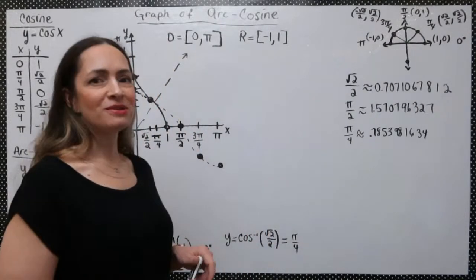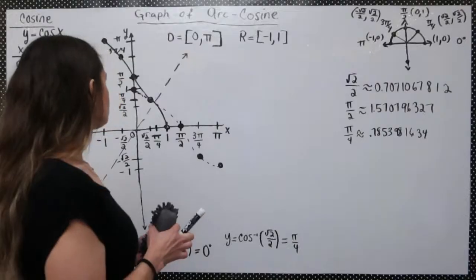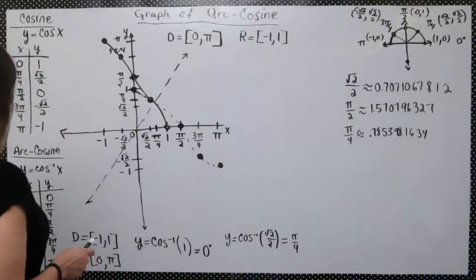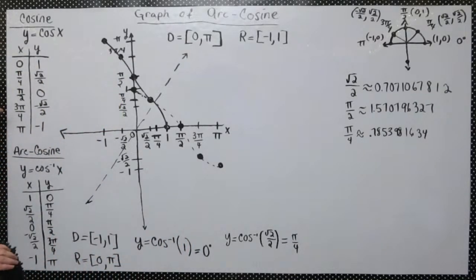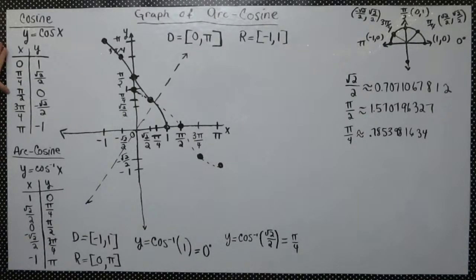All right, so I'm just going to get into it. And recall from yesterday, before we erase this, we graphed the cosine function by plotting a set of ordered pairs in their domain and their range. And then we switched the domain and range and graphed the arc cosine function here.